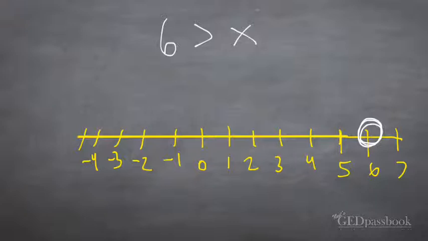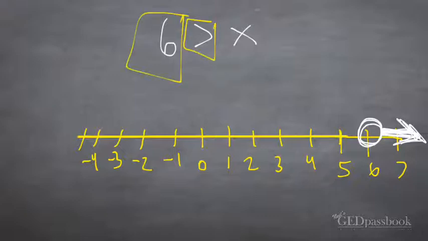So y'all, the unanimous decision votes for this one. Unanimous decision is wrong. Sorry, 6 is greater than x.